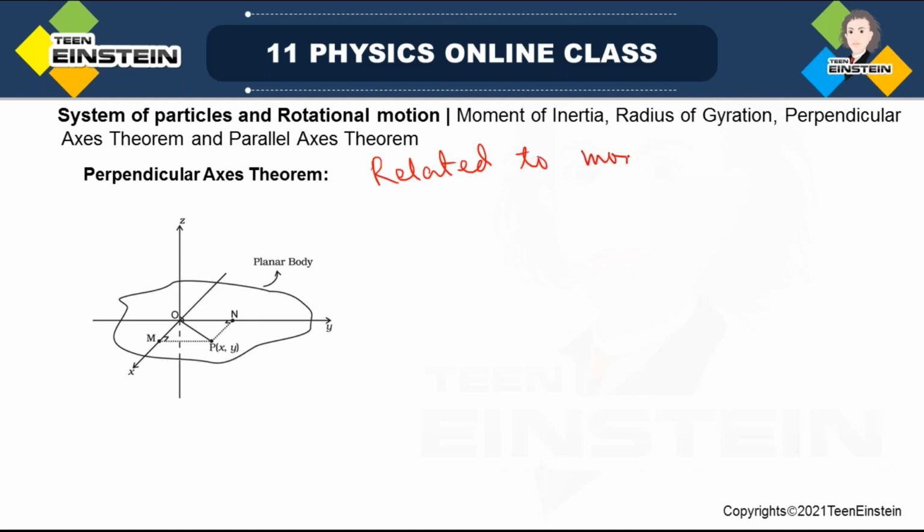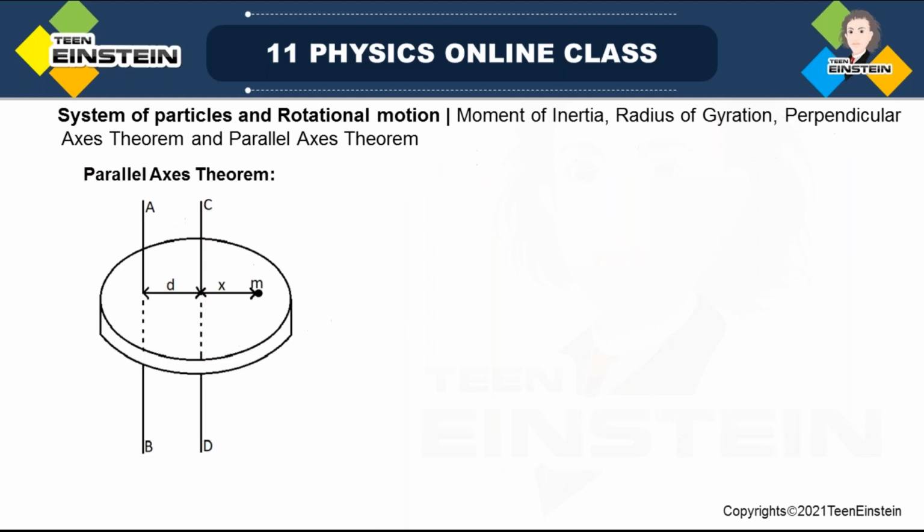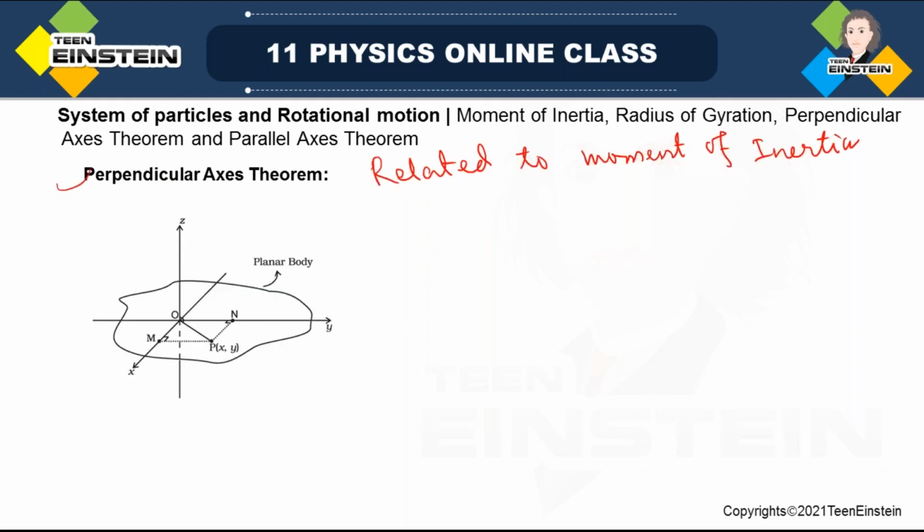There are two theorems: one is the perpendicular axis theorem, another is the parallel axis theorem. These theorems will help you find the moment of inertia of various objects and in various orientations of the axis with respect to the mass distribution.